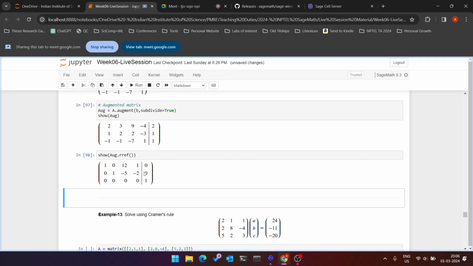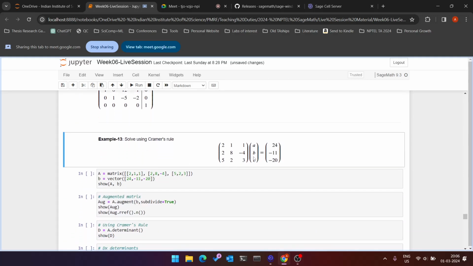Next, we want to solve a system of equations using Cramer's rule. In Cramer's rule, if you remember, it's a 3 by 3, three equations in three unknowns, and a solution may exist.